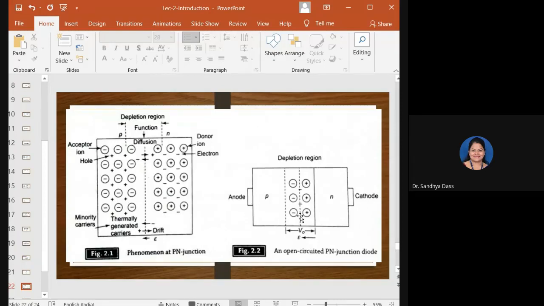That means, in simple language, you have to apply a potential that can break this barrier potential, or say it should be more than this barrier potential. Only then will the device be able to remove this barrier and start conducting, allowing the charges to freely move across it. Okay, so that will be the continuation in the next class. I hope you are with me till here. If you have any doubts, let me know.